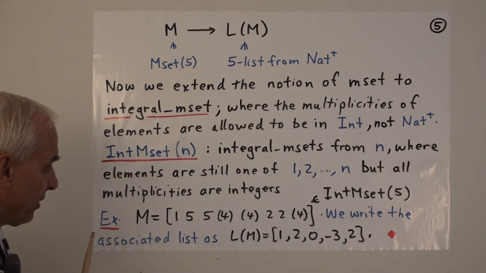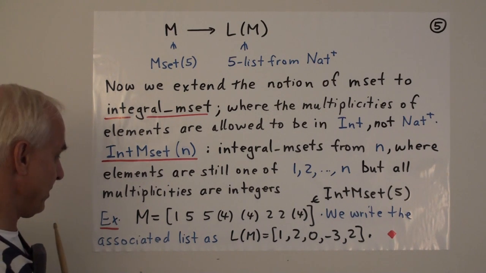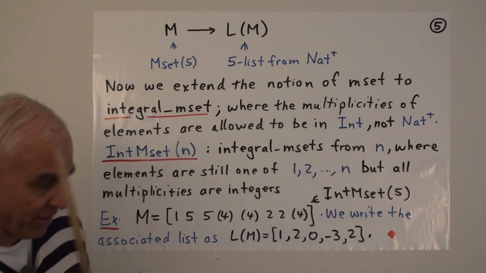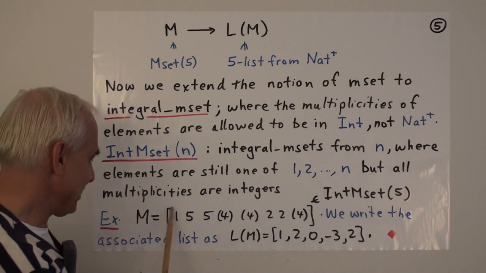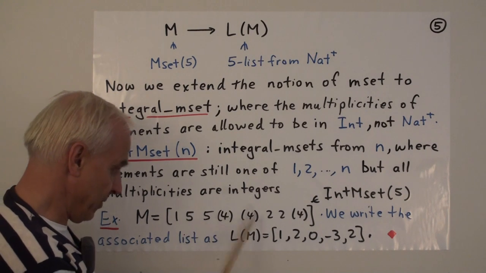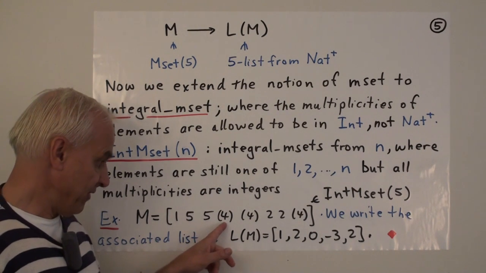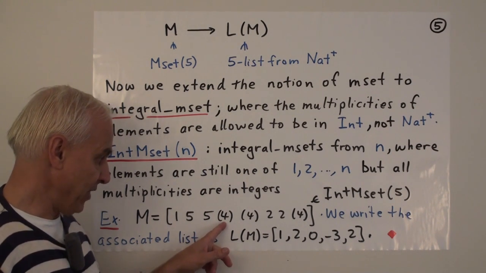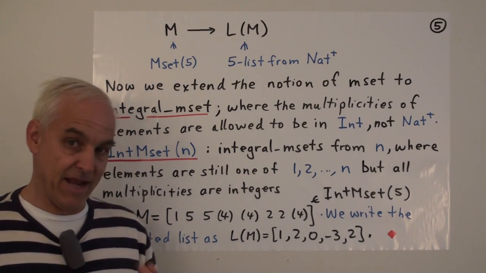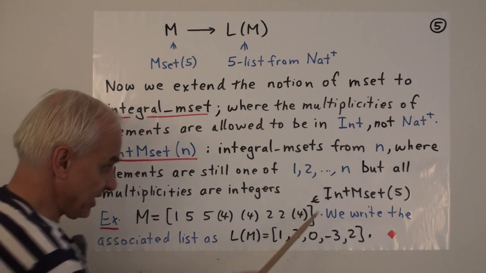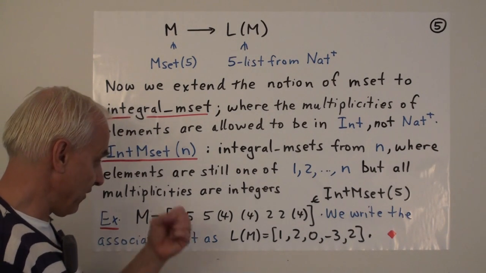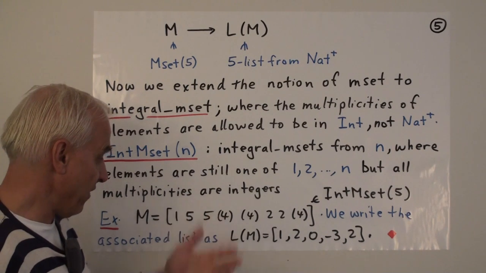For example, here, this integral mset M is given by the square brackets, and then there are these elements here. And we're going to adopt the convention that if we have an element in brackets, it means that it's occurring with negative multiplicity. So this is an int mset from 5 because the elements are all either 1, 2, 3, 4, 5.